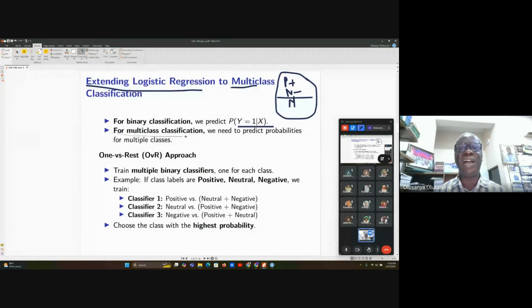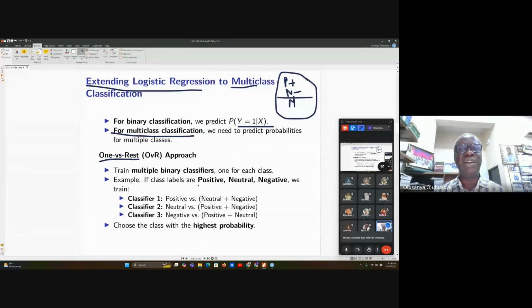But when we now have multi-class classification, like here, we will be using an approach which we call the one versus rest approach, OVR.